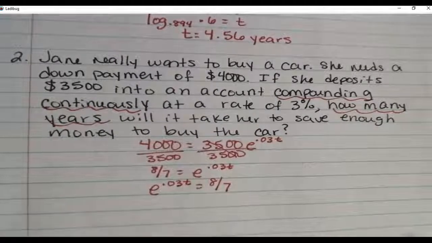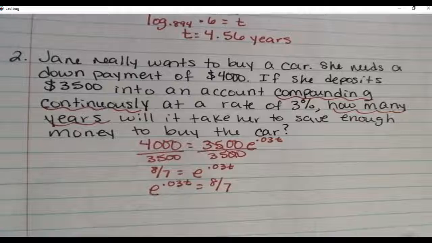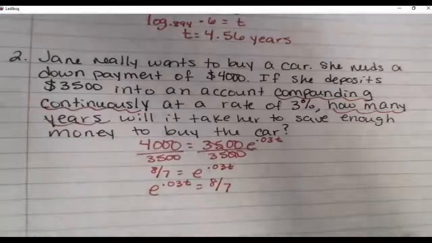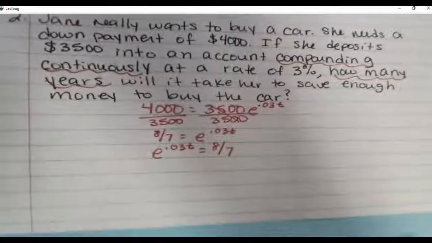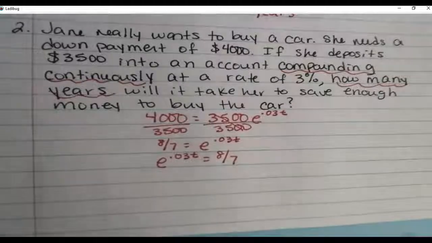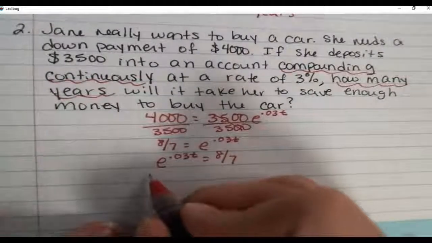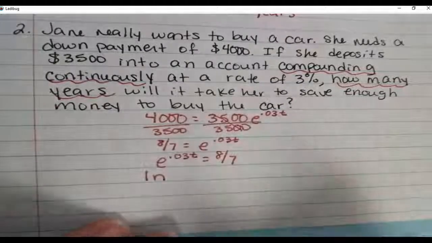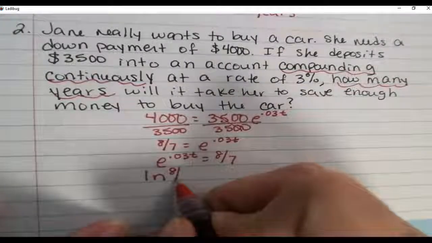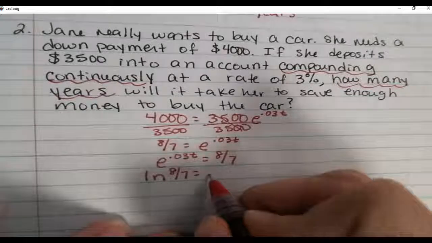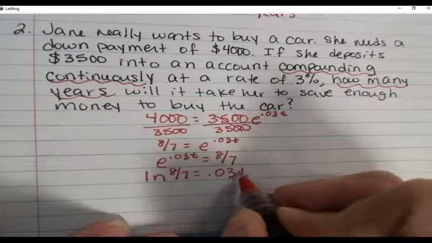You don't have to switch it, though, if you're okay changing it from a log when it's on the other side. And then what kind of log do I make an E? Good. So make it a natural log, so ln, and then 8/7 equals our exponent, which is 0.03 T.